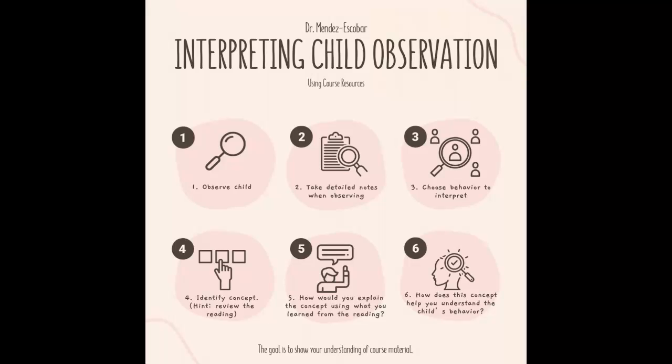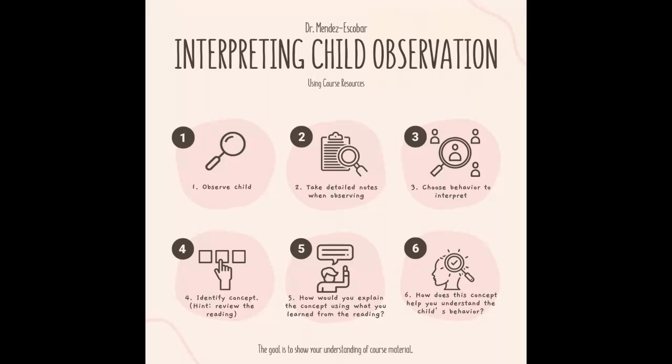So for this step, you're just identifying the concept. And if you're unsure what concept to choose, so what theory, milestone, or idea to choose, go to your reading. Your reading will give you a good idea of what you might want to use, what concept.